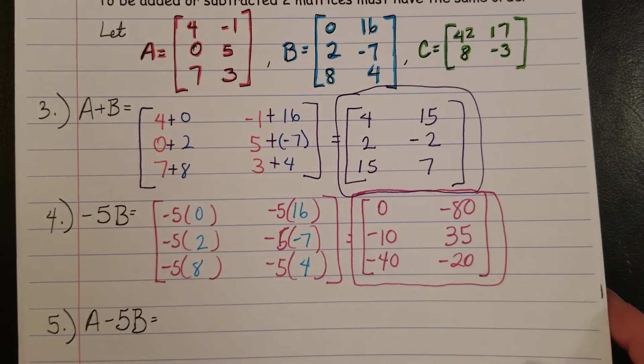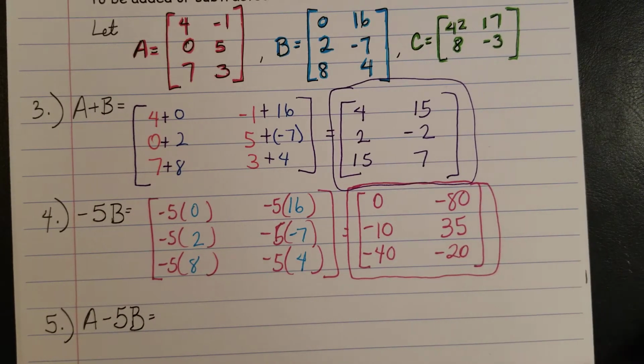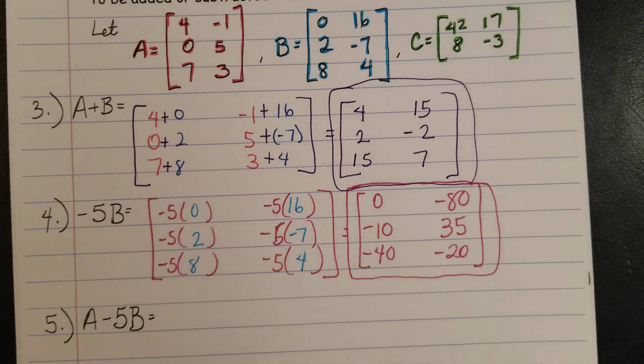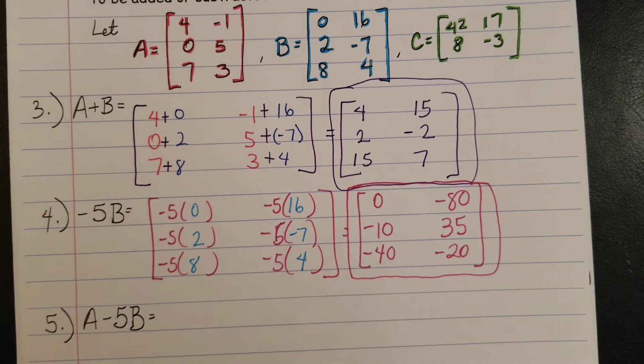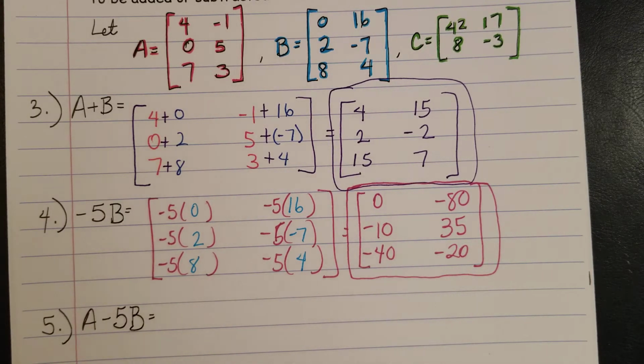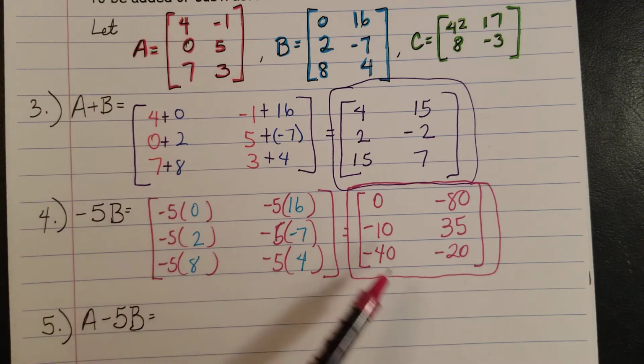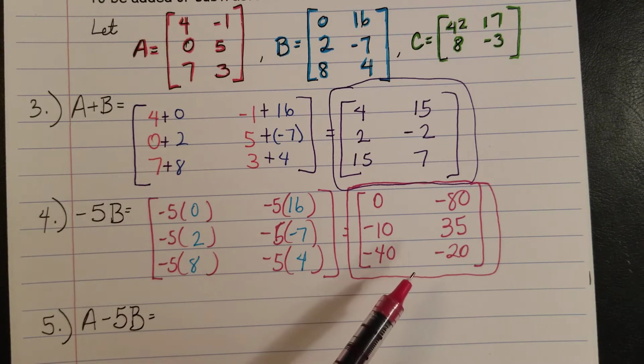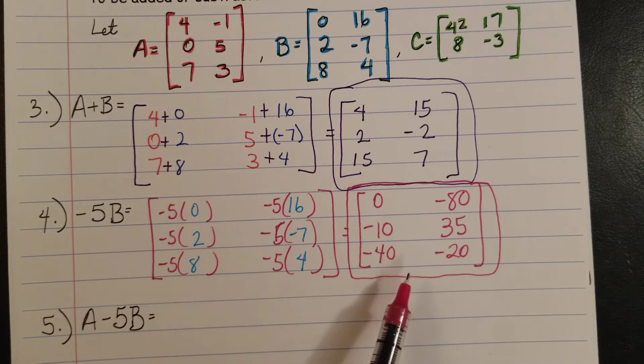Number 5 says A minus 5B. All right, so we could use the answer from the previous question to speed up the process. If you do that, though, make sure that you add matrix A plus this matrix, because the negative is already here.